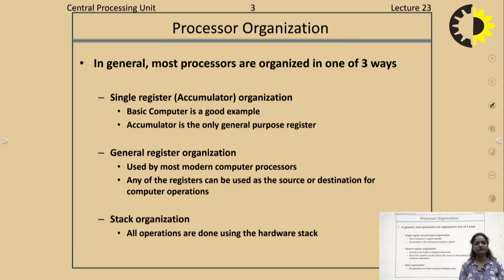The very first is the single register, that is the accumulator-based organization scheme. As per the author Morris Mano, the accumulator size is 16-bit. So we are processing 16 bits of data in an accumulator, and it is a kind of special purpose register which is used to store our intermediate results of the arithmetic or logical operations.